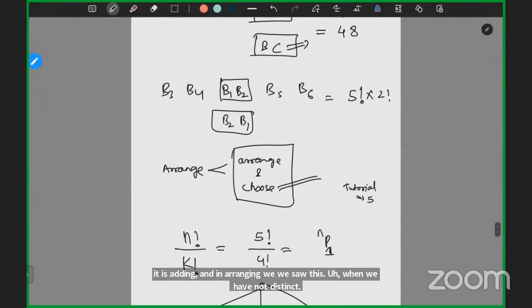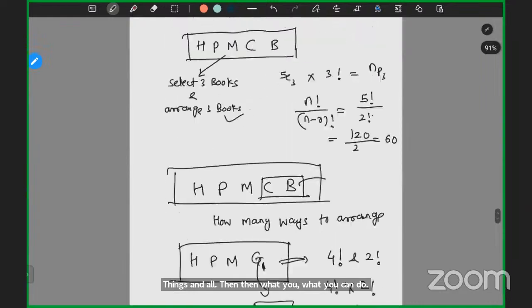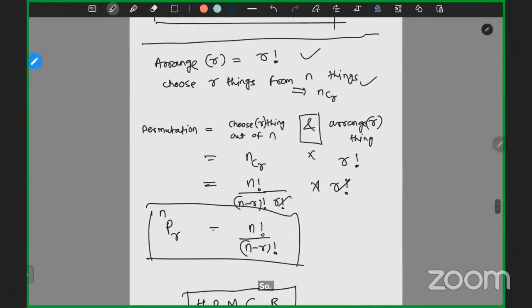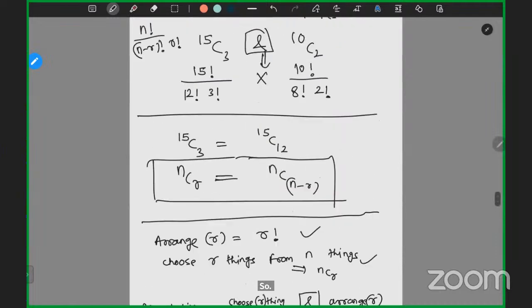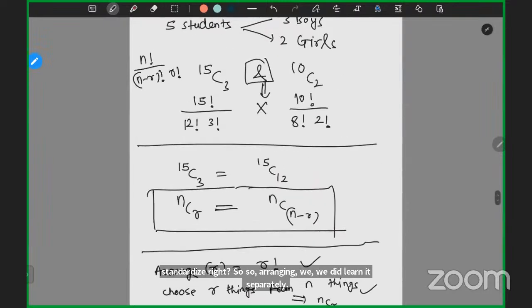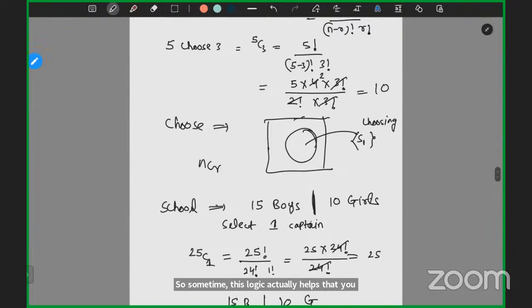Yeah, choose and arrange, right? Arranging we did learn separately, how to arrange it. Choosing we learned separately. So sometimes this logic actually helps: let me first choose the thing.